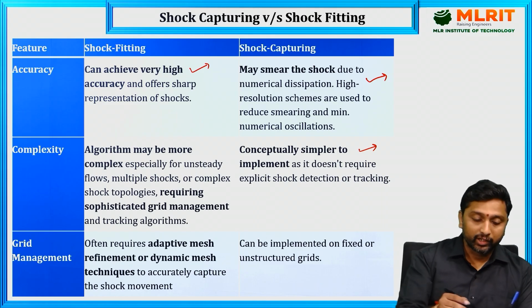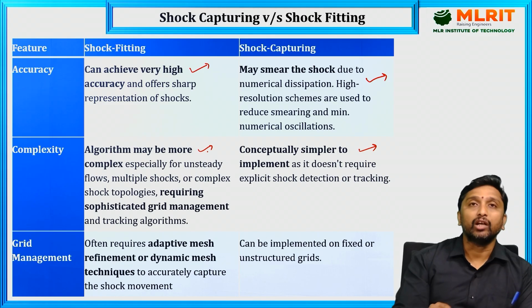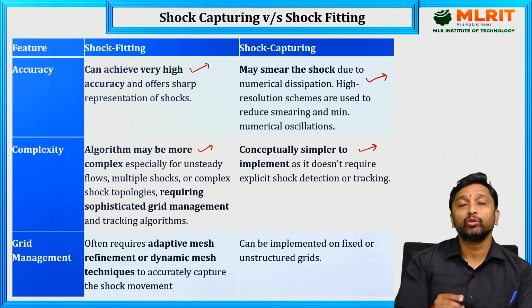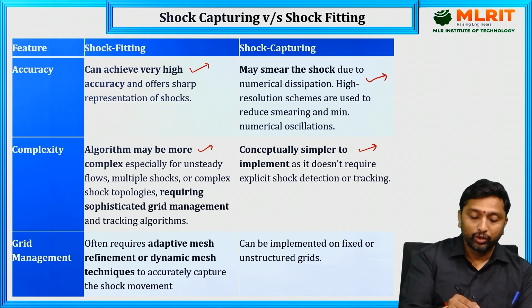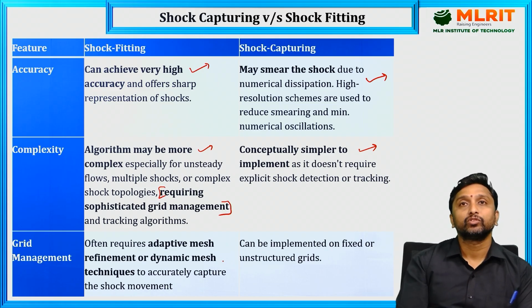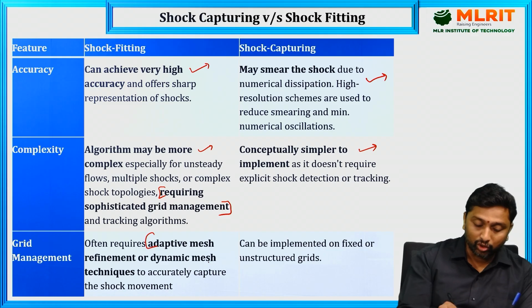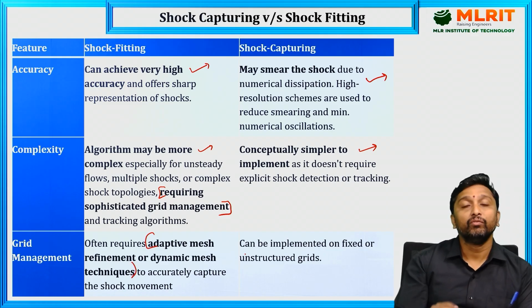But when it comes to shock fitting, the algorithms are complex because we have to predict the formation of shock. So we require sophisticated grid management techniques. Sometimes we may use something called adaptive grid generation, which changes with respect to the solution.